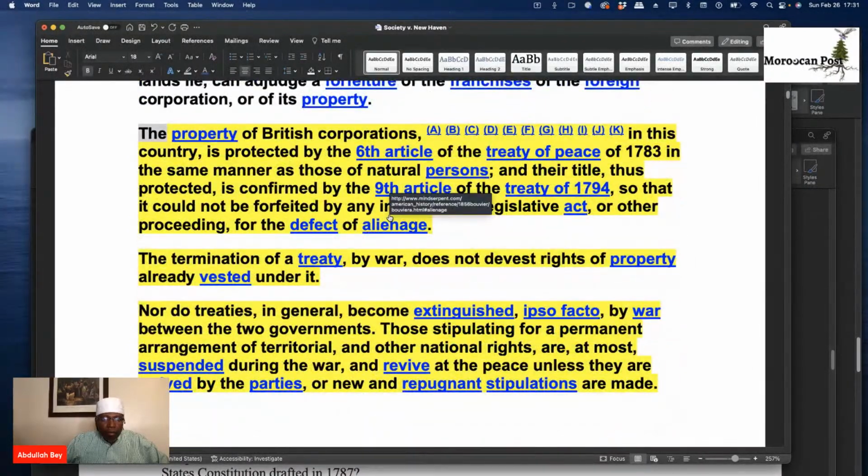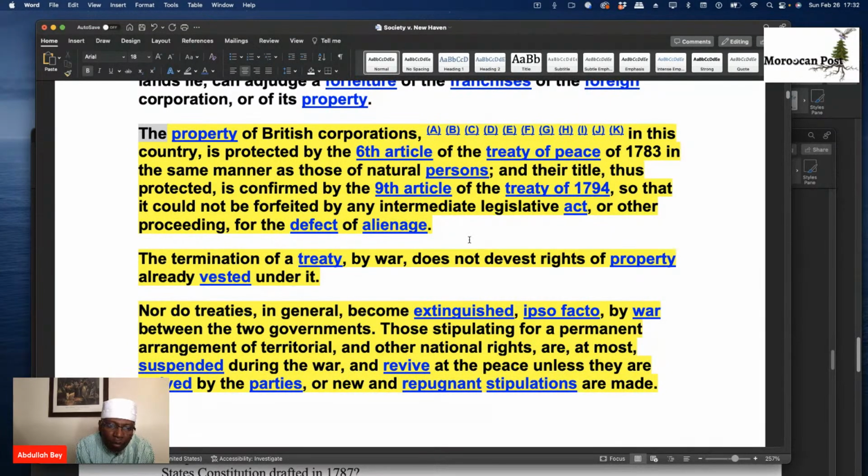It says the property of British corporations in this country is protected by the 6th article of the Treaty of Peace of 1783, in the same manner as those of natural persons, and their title thus protected is confirmed by the 9th article of the Treaty of 1794, so that it could not be forfeited by any intermediate legislative act or other proceeding for the defect of alienage. The termination of a treaty by war does not divest rights of property already vested under it, nor do treaties in general become extinguished ipso facto by war between the two governments.